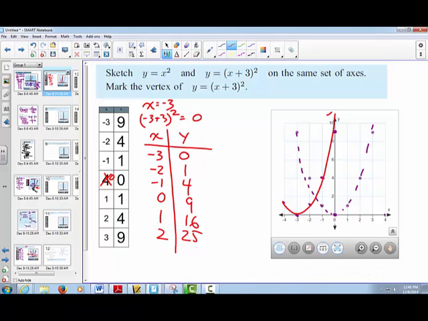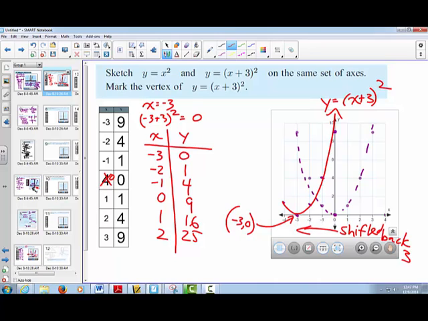Sketches like this. This is y equals (x plus 3) squared. Mark our vertex. Our vertex is now at -3, 0. So we've shifted back 3.